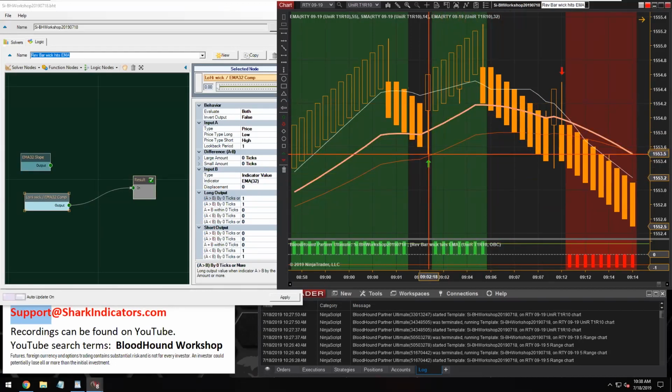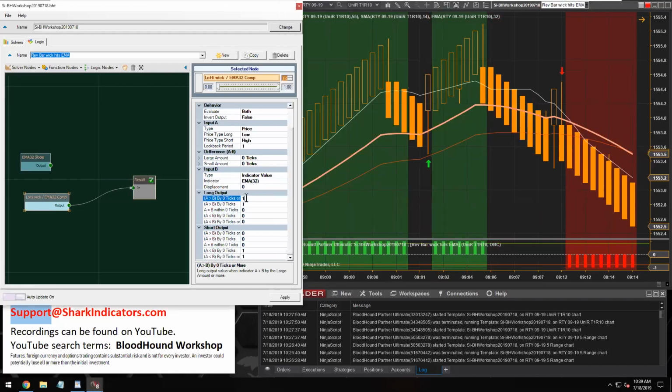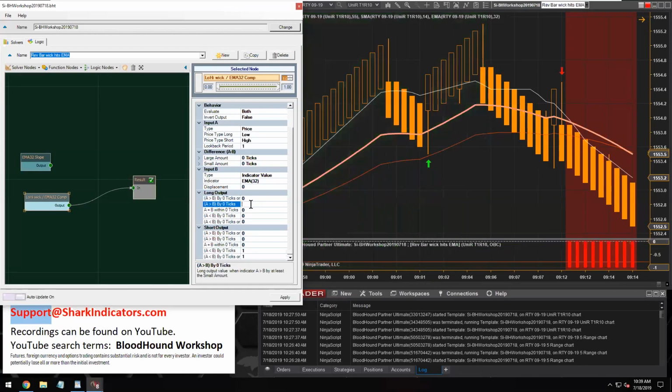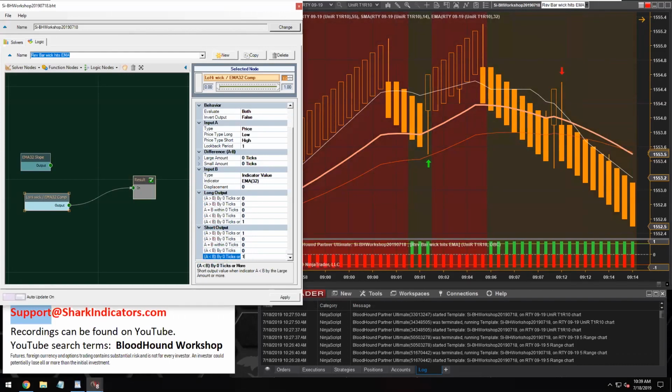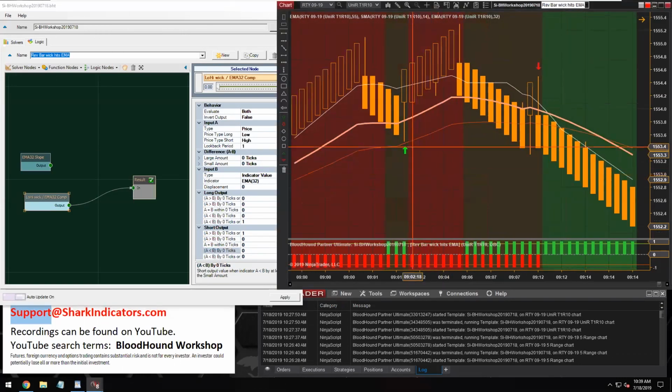So we can tell already that we need to reverse the outputs here. So let's reverse these outputs like so.